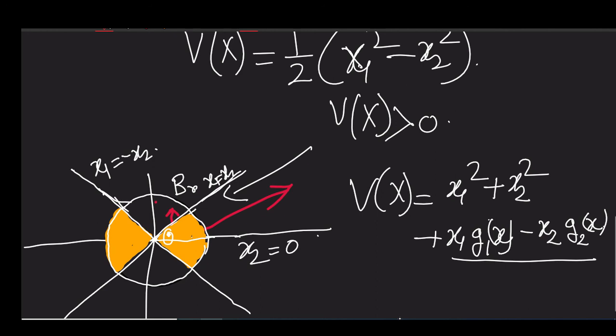So if you take some point on this line itself, not on the origin but very close to the origin and on the line where x2 is equal to 0, this second term will not be present due to this greater than 0 term. Now you can see that V dot(x) will become this inequality.